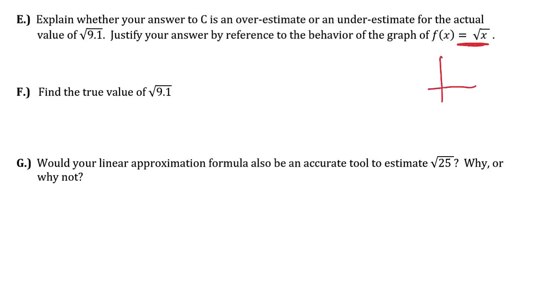We had a graph that looked like this, and then our tangent line was sitting above that. So that tangent line is a little bit higher up than the actual function itself. So it's going to be an over approximation, but how do we put that in the math terms so that the Sheldon Coopers of the world will grade it correctly?